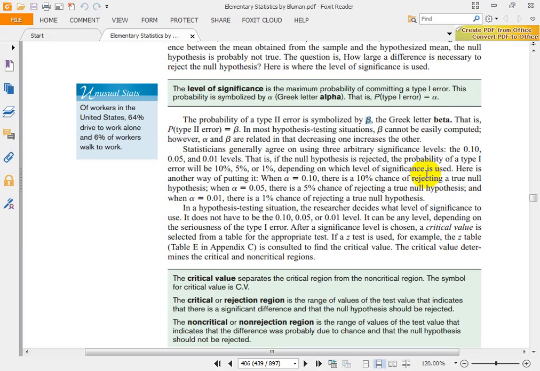That is the common practice. These are 10%, 5% and 1%. We consider these significance levels of 10%, 5% and 1% nowadays.